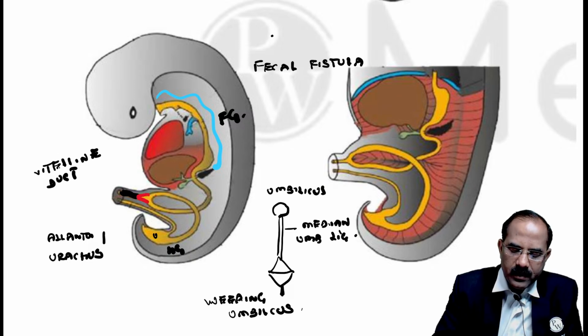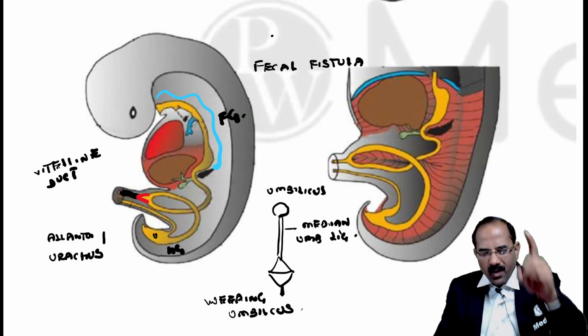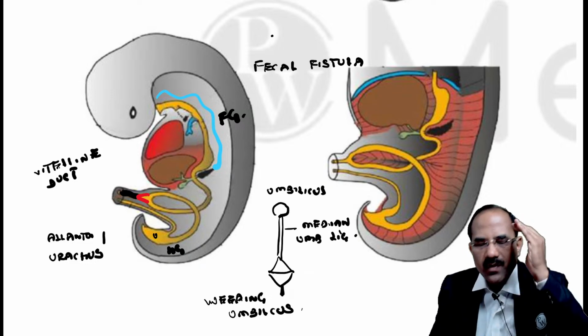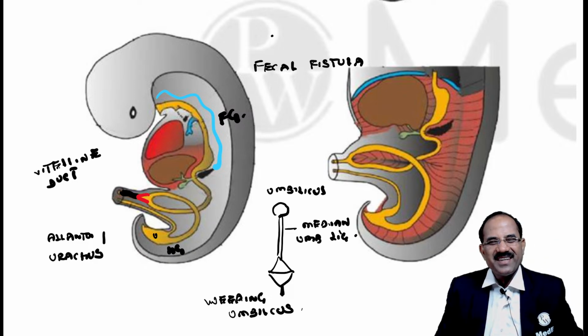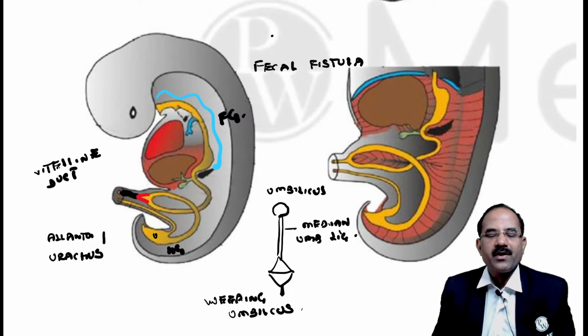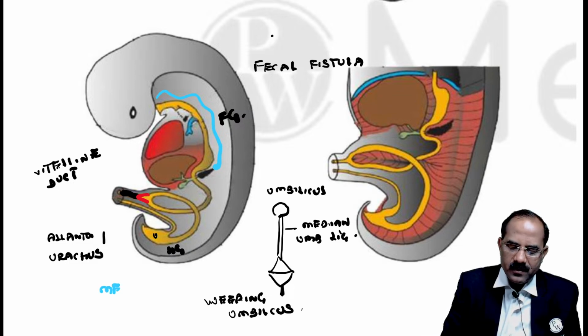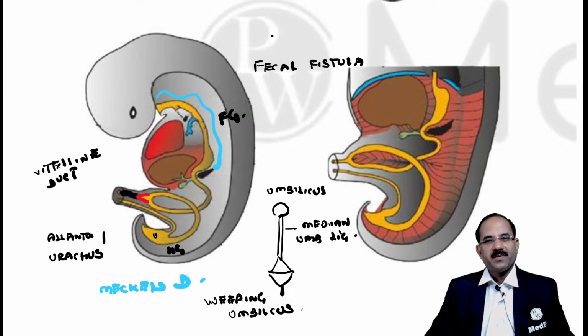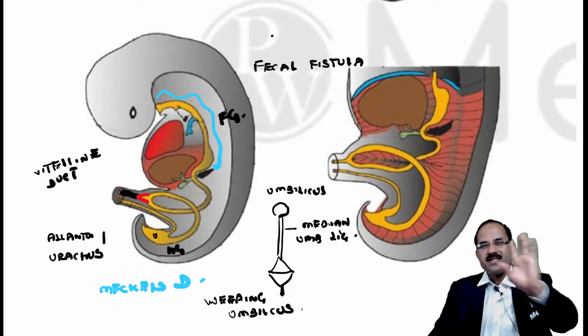The persistent proximal part of the vitelline duct is what we call, any guesses? Meckel's diverticulum.